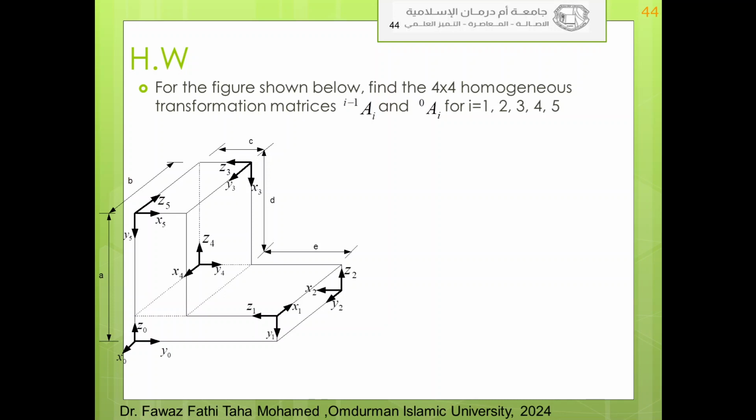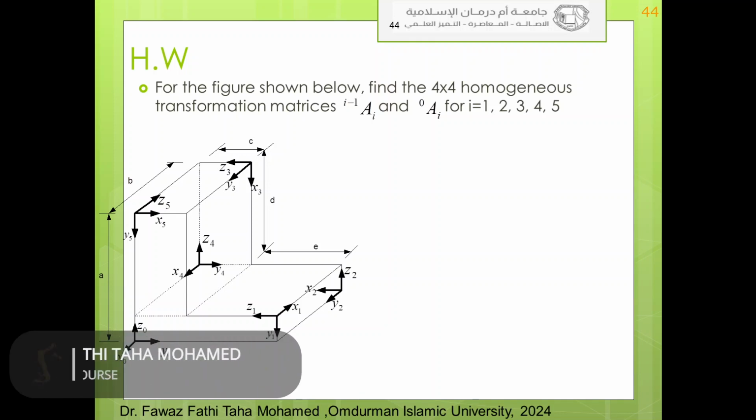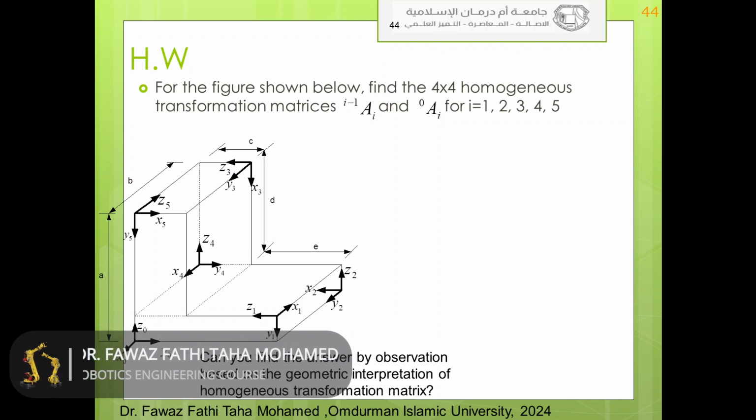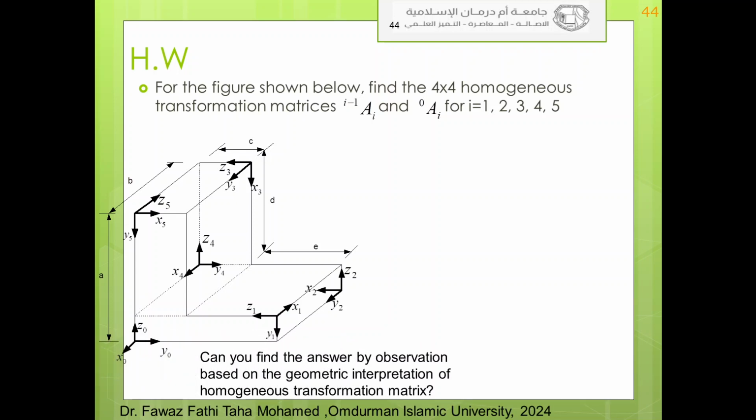Before we talk about these cases, here we want to look at this homework. Because we have two methods, we can find the relationship between any frame with respect to another frame, either with the homogeneous transform multiplication or by inspection.